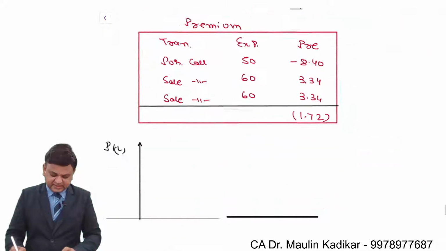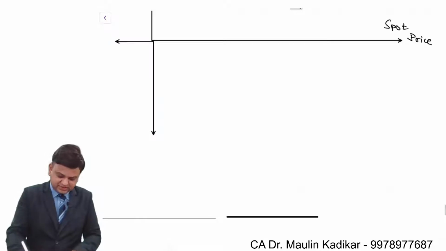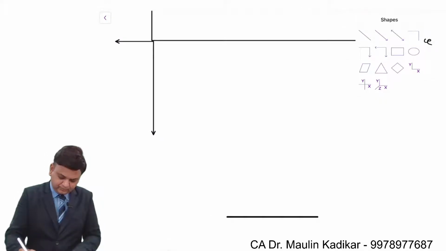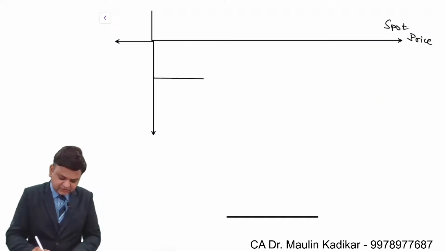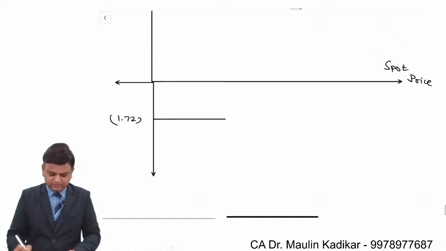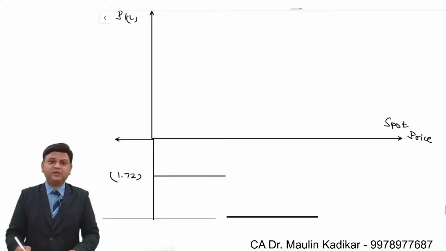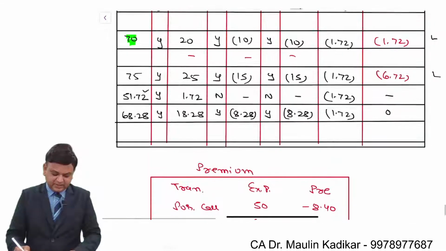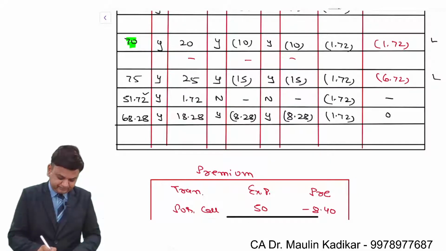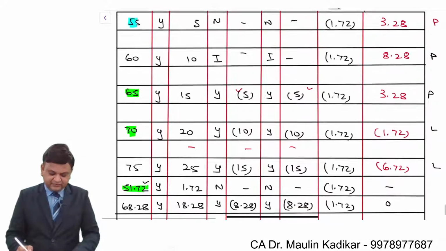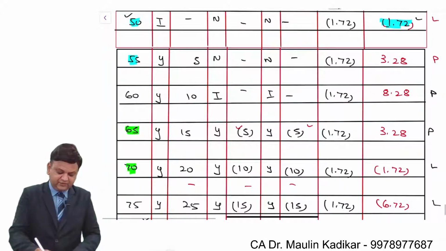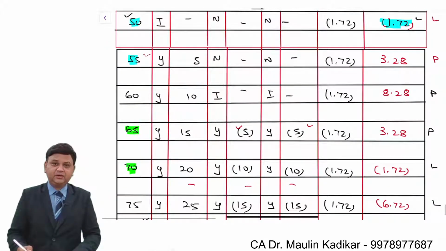So over here the diagram is drawn like this. Till the time the spot price is 50, there is a constant loss of 1.72. Beyond 50, this loss is getting recovered and we reach the break-even point at this point. After the break-even point, we can see at 55 that there is a profit.